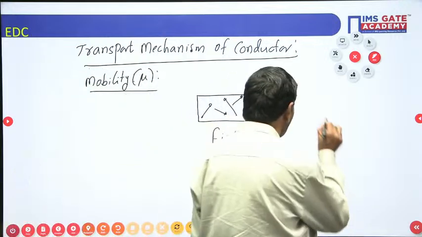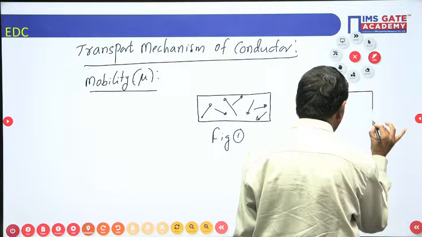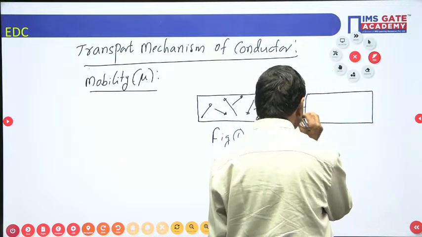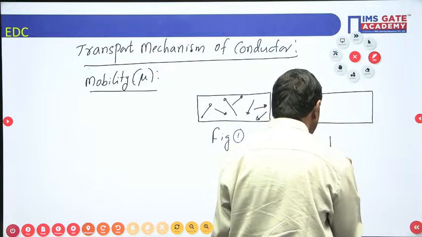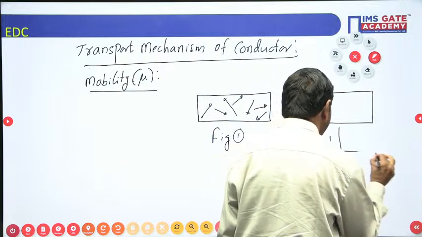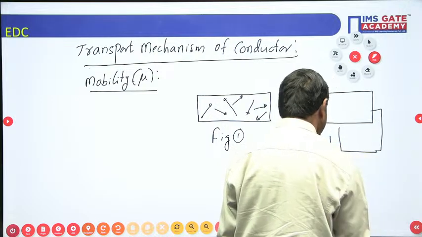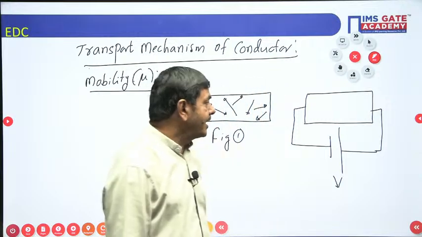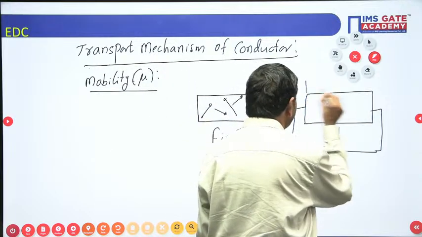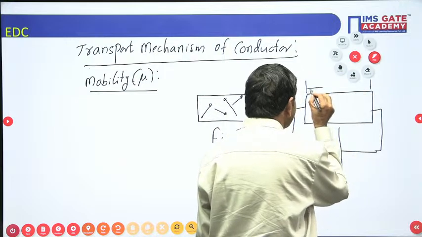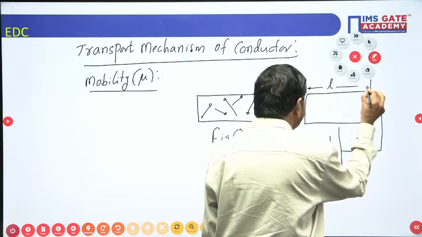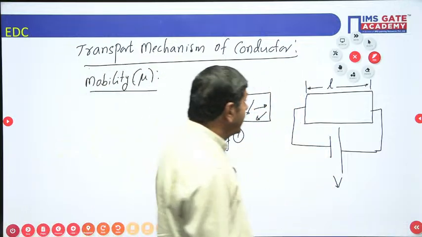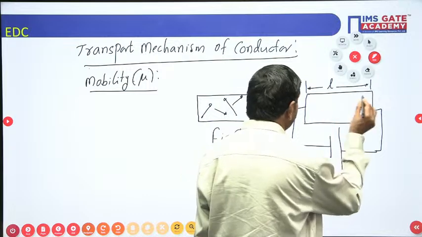Now I have taken the same conductor, connected with a source. I connected some voltage, and the length of the conductor I have taken as L. In this case, how are electrons going to move in the conductor?